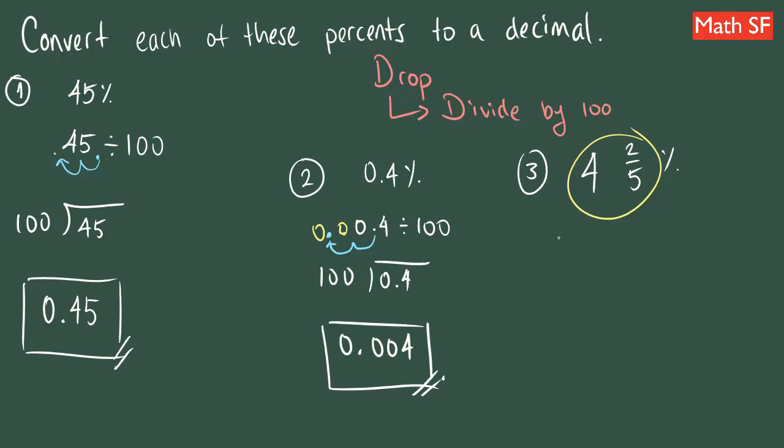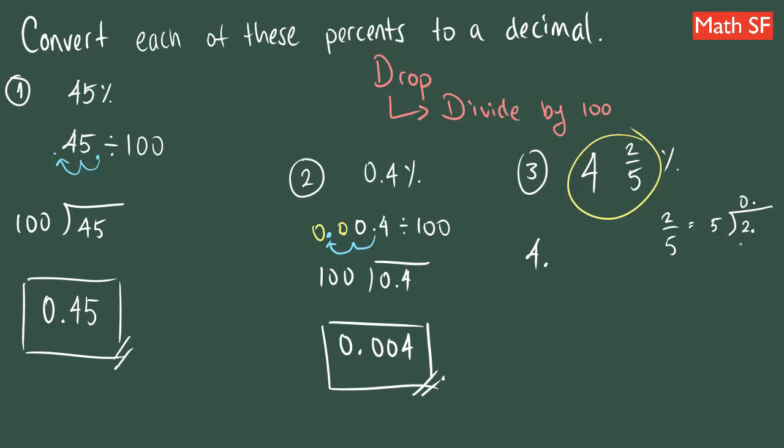We know we're going to have a 4 point something. So what is 2/5 as a decimal? Let's convert it using long division: 5 goes here and 2 here. You put the decimal point here, and you get 0.